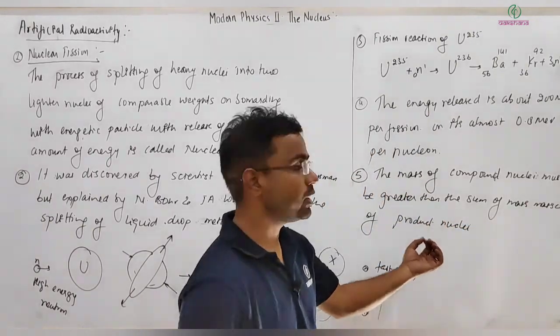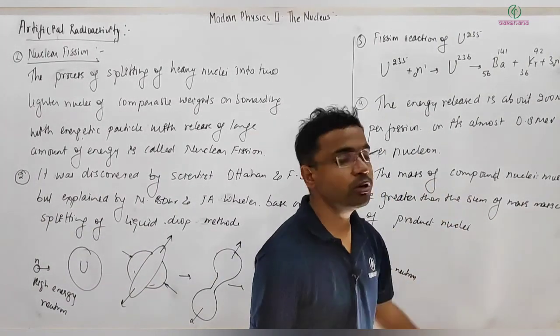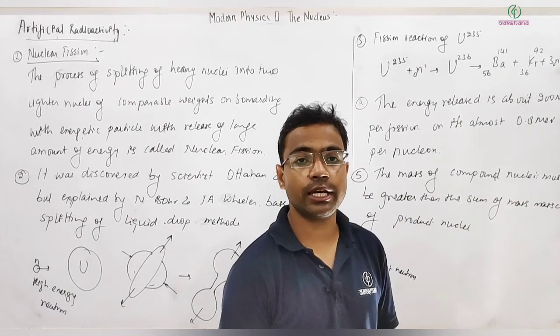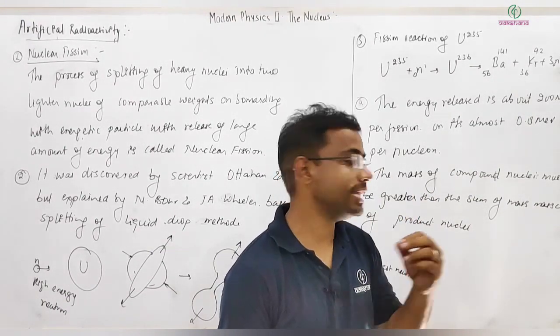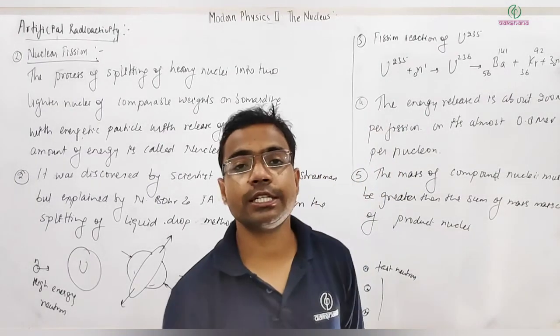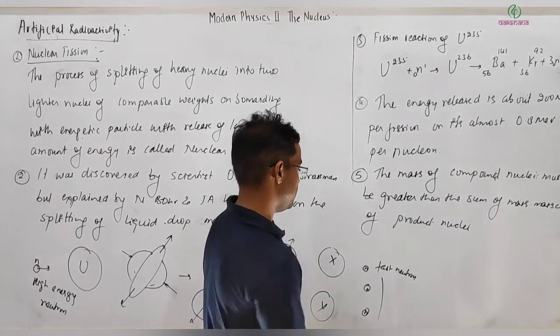Because in this case, when the mass of the compound nucleus is higher and the final mass is decreasing, this mass defect results in the production of energy, by Einstein's energy relation.